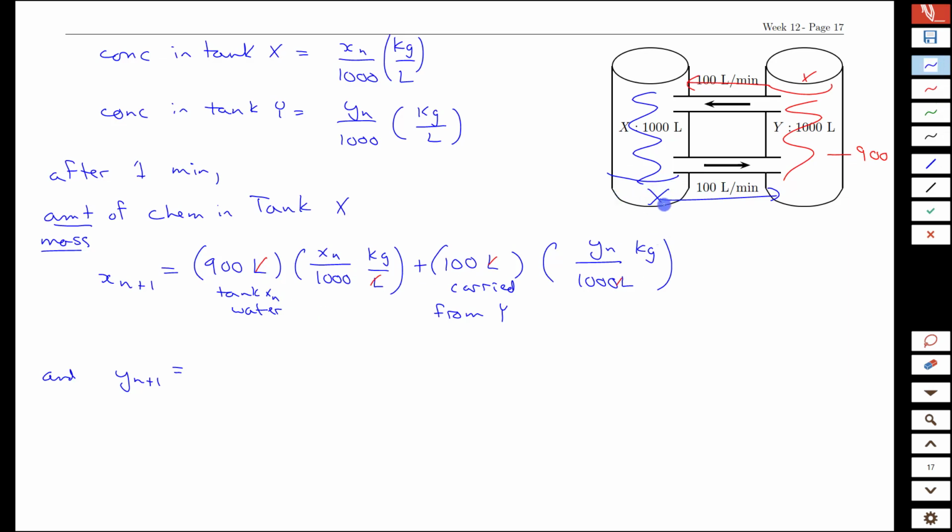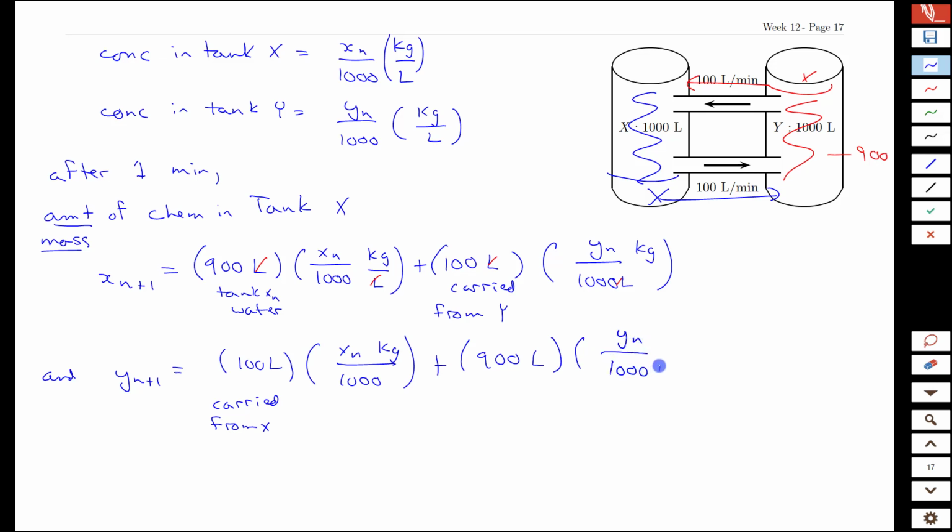We're going to have carried from X. We're going to have 100 liters at the previous X concentration. So we're going to take this blue region here and carry it over. And then we're going to have our 900 liters, this red region here, that is going to stay put. And we're going to have its concentration, kilograms.